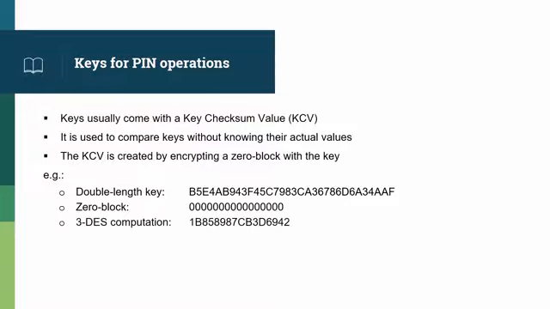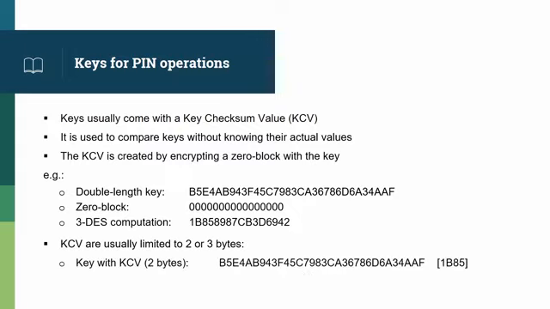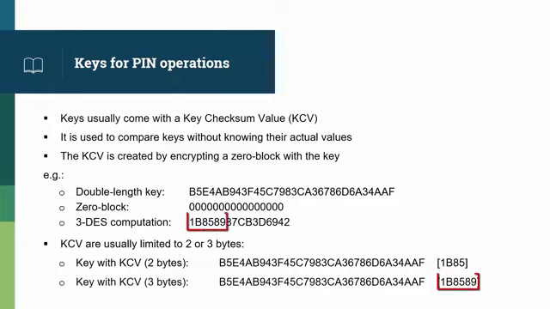If we do a triple DES encryption on that block with that key, we get this result. The key checksum value is typically truncated after 2 or 3 bytes. So our key has a 2-byte KCV of 1B85 and a 3-byte KCV of 1B8589.